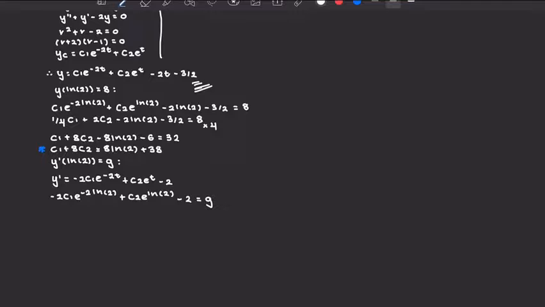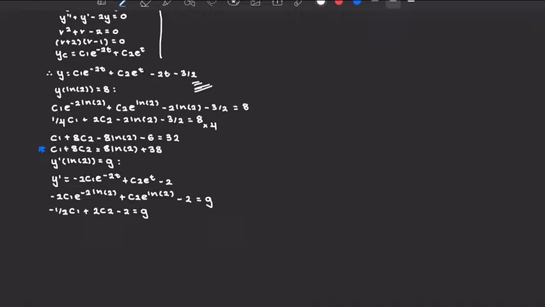And afterwards, we can simplify it further. Remember, e to the negative 2 ln2 is just 1 over 4. So negative 2 over 4 is negative 1 over 2 c1 plus 2c2 minus 2. And let's just keep it on the left hand side first, and we'll see why.